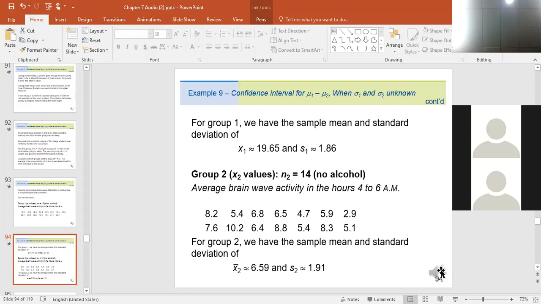X2 bar, 6.59. And S2? 1.9. So we want to compare mu1 and mu2. We will find the confidence interval and check the sign of the interval to determine if it is negative or positive, and then decide if mu1 is less than mu2 or not.